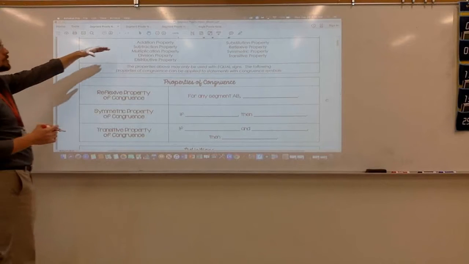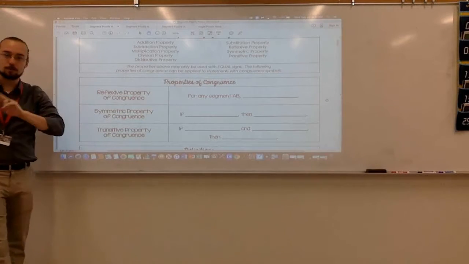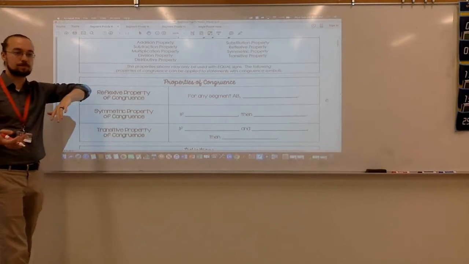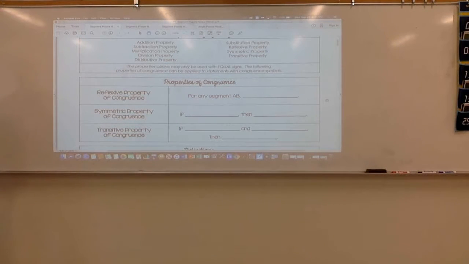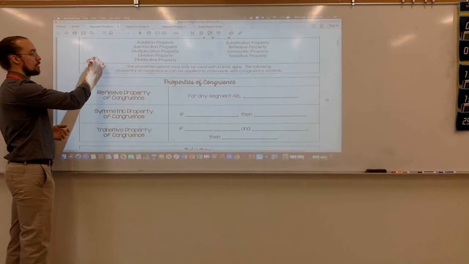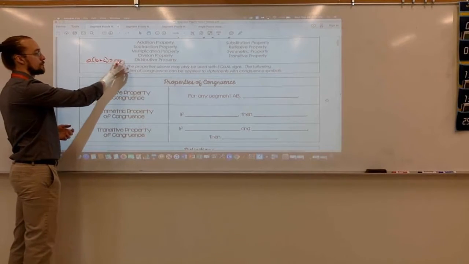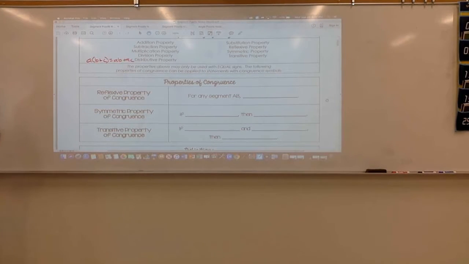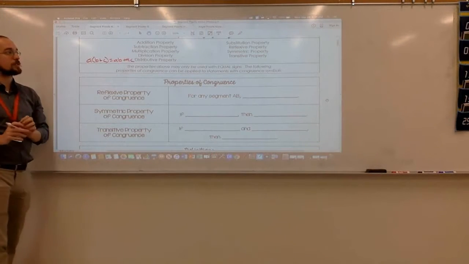The addition property just means I can add the same thing to both sides of an equation. Same thing for subtraction, multiplication, and division. Distributive property, we know what that looks like. If we have something like this, I can distribute this A through the parentheses.